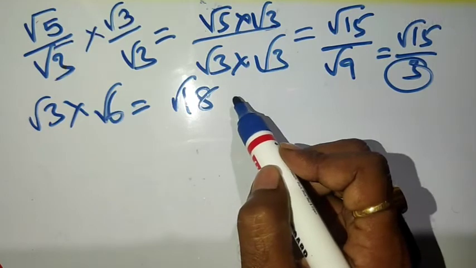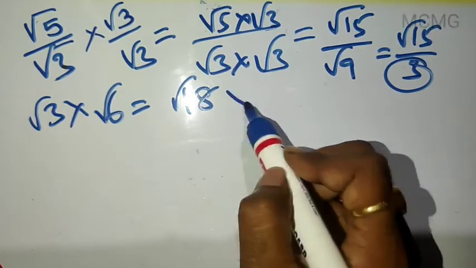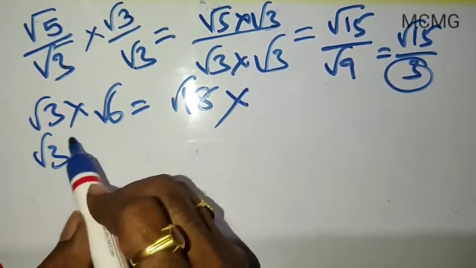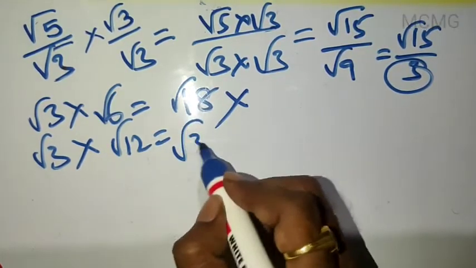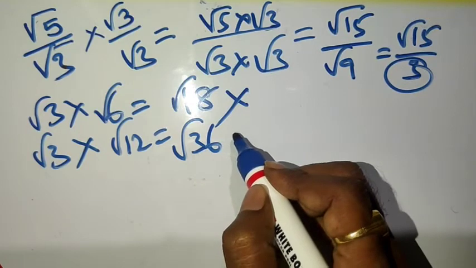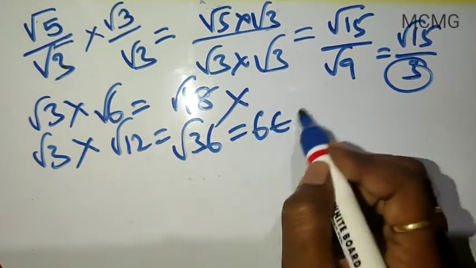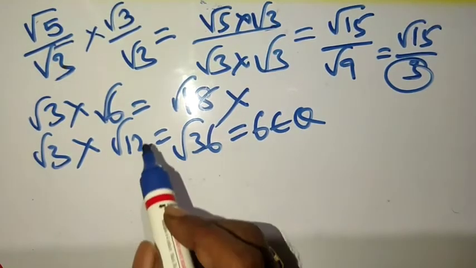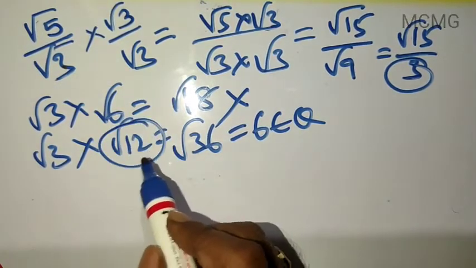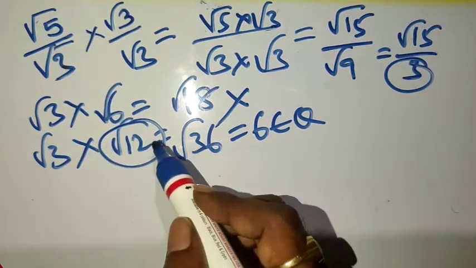Is it a rational number? No. Now I multiplied root 3 by root 12. Now root 3 into root 12, root 36, the square root of 36. Is it a rational number? Yes, because the square root of 36 is 6, either plus or minus 6. It is a rational number. So root 12 is now an RF of root 3 and root 3 is also an RF of root 12.